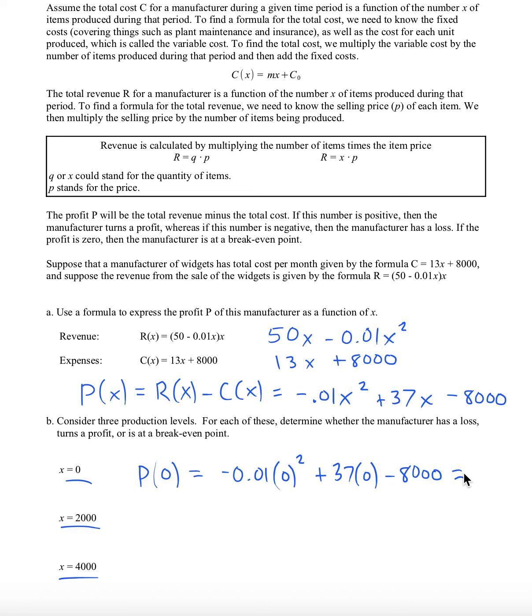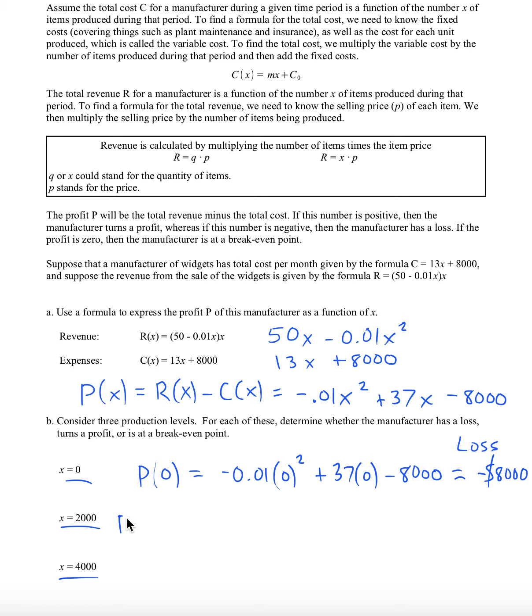If they don't make any items, then they end up with a negative $8,000 profit. And it's negative, meaning they didn't make money, they lost it. So that's a loss. Whenever the profit is less than 0, that's a loss.